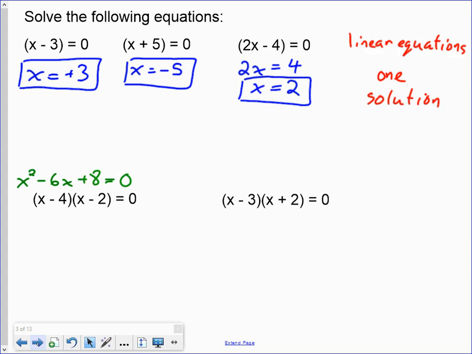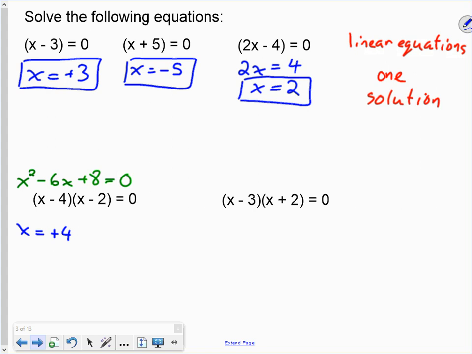Now, we want a value of x that we can sub into the left-hand side that is going to make the left-hand side equal to the right-hand side, so the left-hand side has to equal 0. If we look at this for a little bit, one possible number that we can sub in is x equals positive 4.